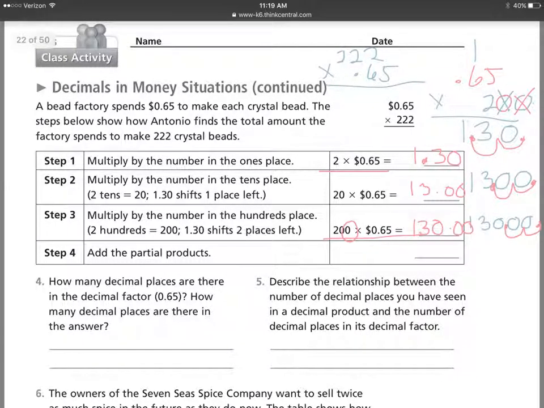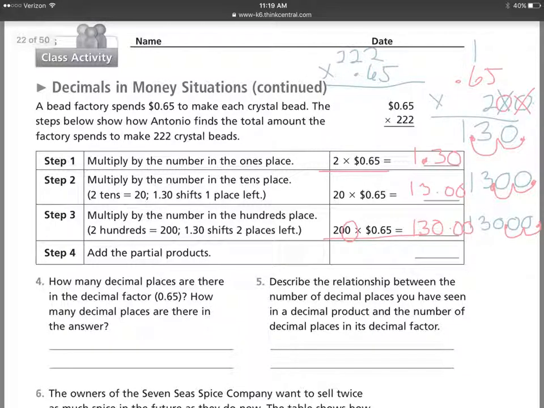Please take a look at questions 4 and 5 now and complete those, and then return for the rest of this lesson. And remember that when they're talking about decimal places, as in this question, decimal places describe the relationship between the number of decimal places you've seen in the decimal product or answer and the number of decimal places in the decimal factor, or the numbers you're using to multiply.